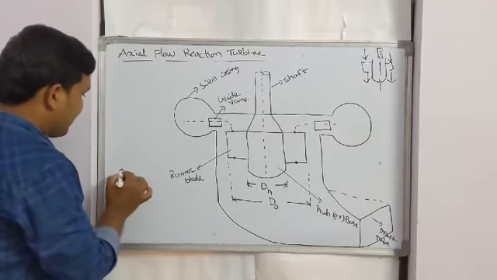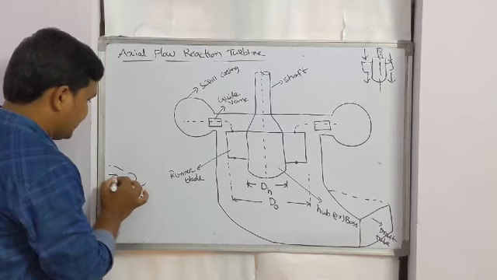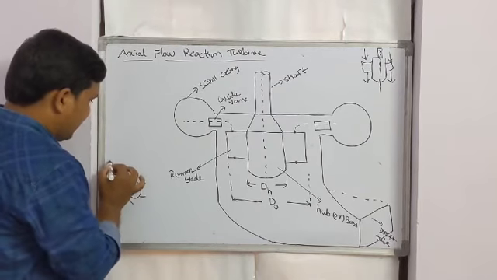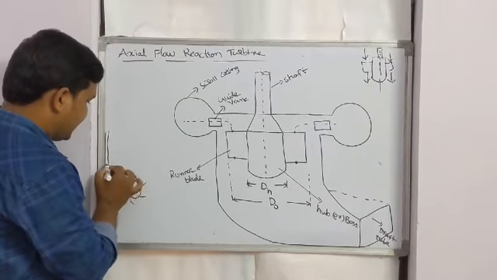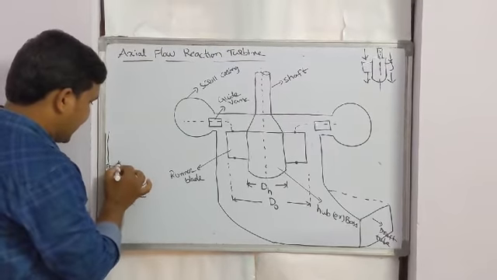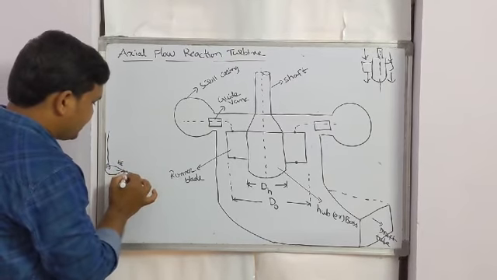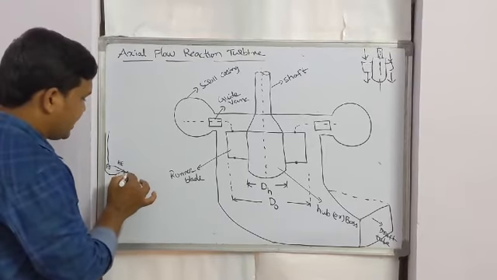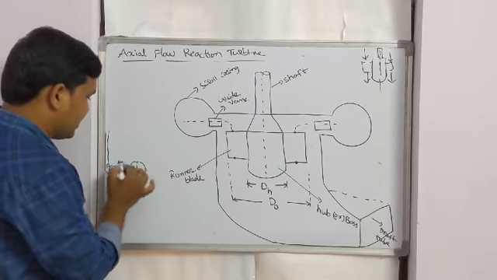The water coming from the penstock enters the nozzle. Here the nozzle converts the potential energy as well as the pressure energy of the water coming from the head into kinetic energy. The high kinetic energy jet strikes this blade. So the pressure at the runner blade is atmospheric pressure.